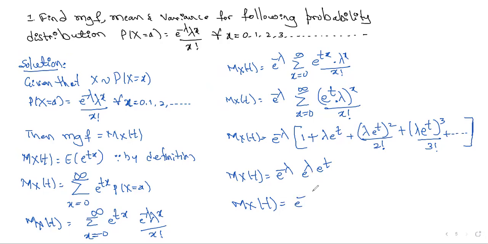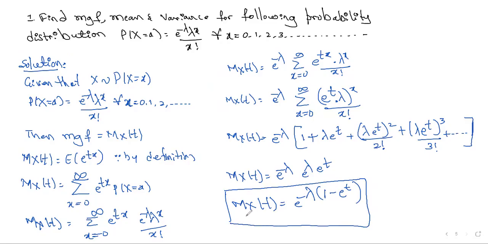I will take e power lambda outside, and the remaining thing is e power t minus 1. So this is our MGF.